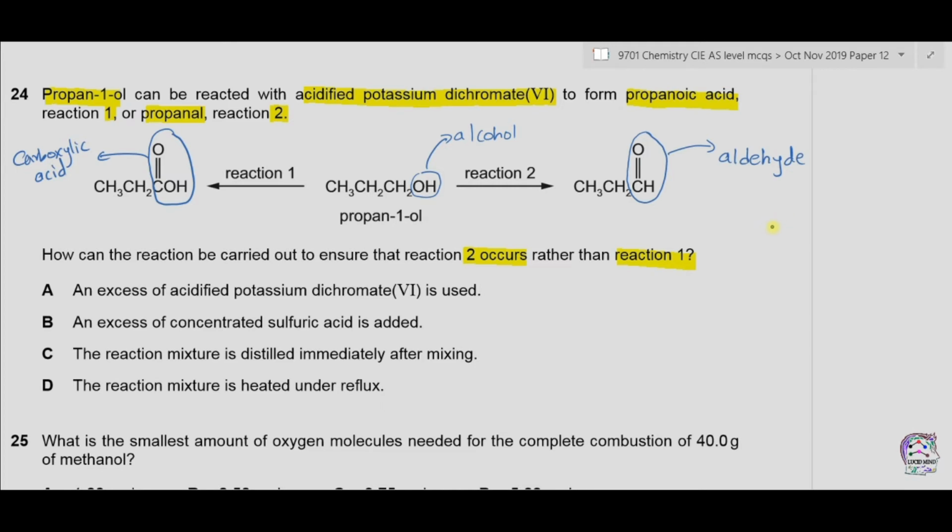Now generally we know that a primary alcohol, upon oxidation, forms aldehyde, and if further oxidation takes place, then carboxylic acid is formed.